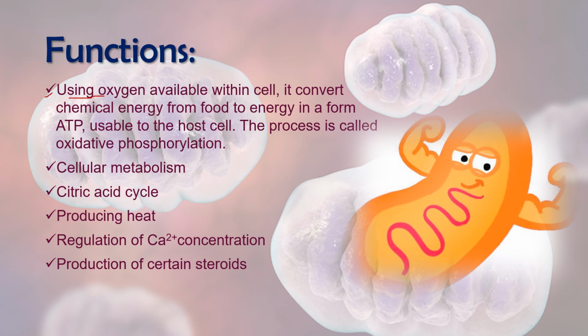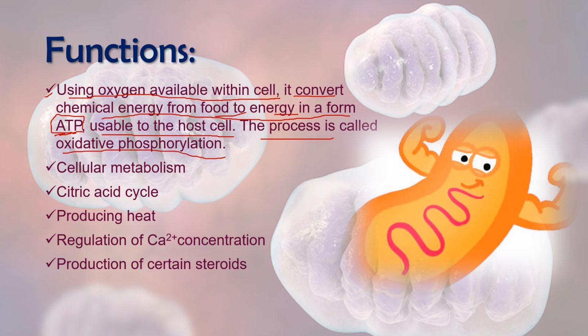It uses oxygen which is available within the cell. It converts chemical energy from food to energy usable by the host cell, in the form of ATP, adenosine triphosphate. This process is known as oxidative phosphorylation.